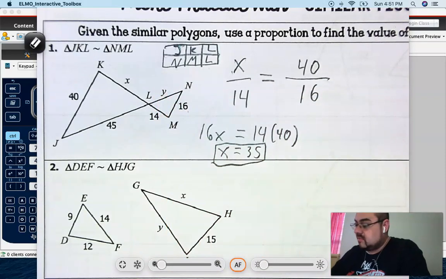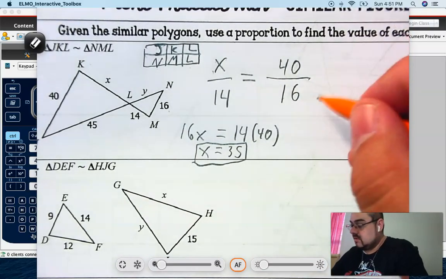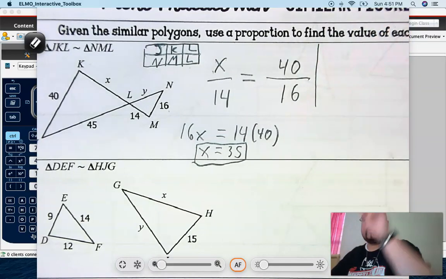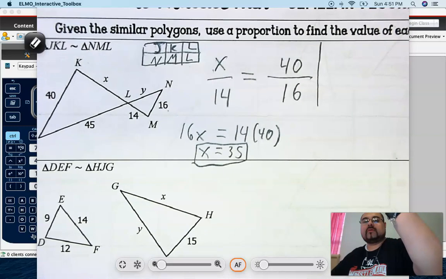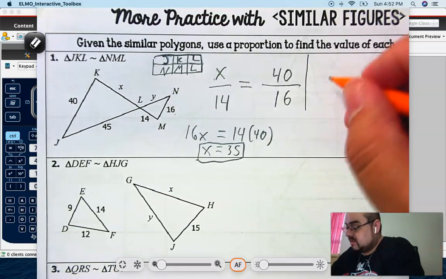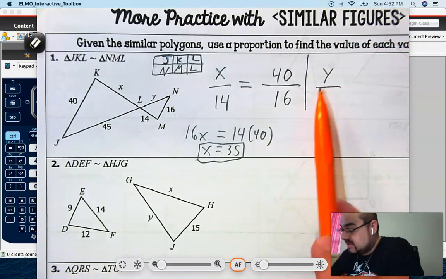Okay, so y, let me move this over a little bit. I'm going to start off with y here. Now of course I'm going to look for the corresponding side to y.